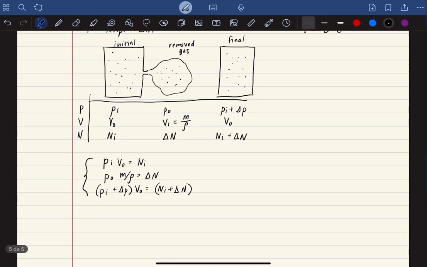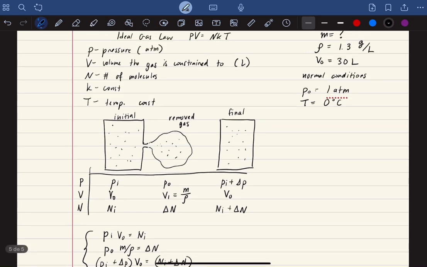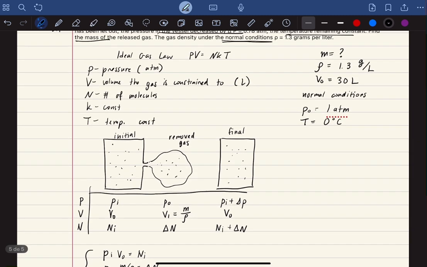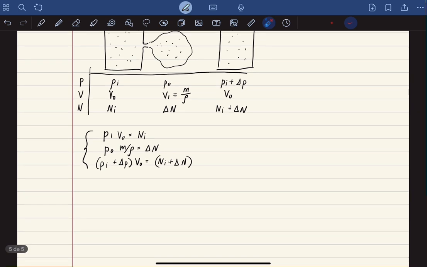Now let's solve. We're solving for m, so let's start with the equation that has m: m equals delta N rho over P naught. What's delta N?